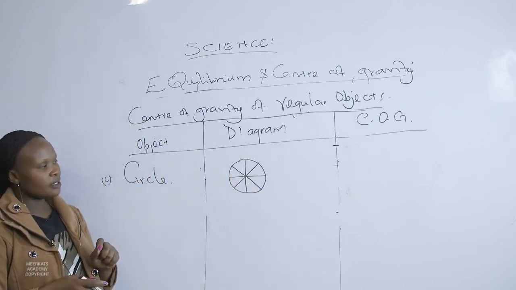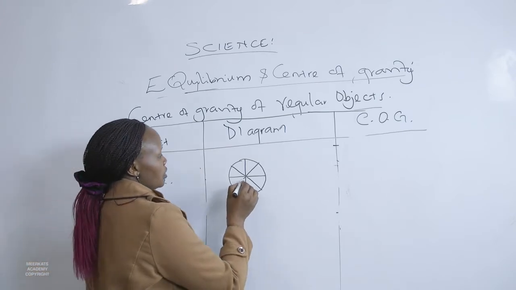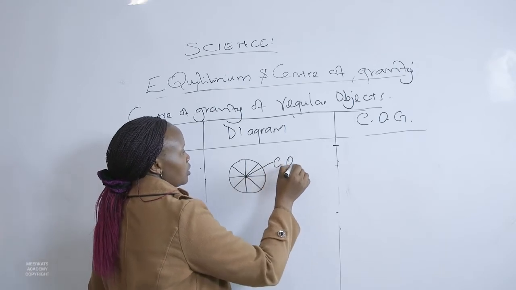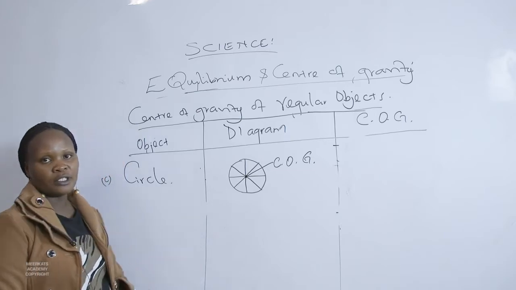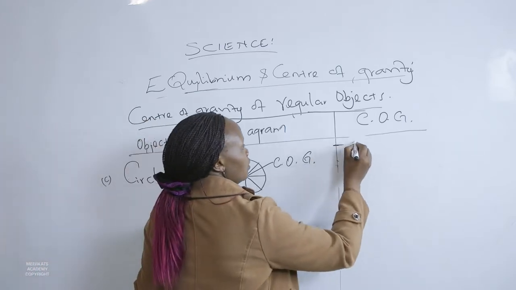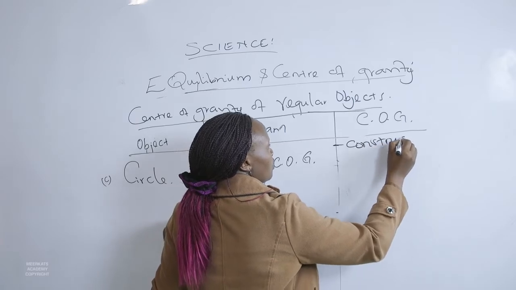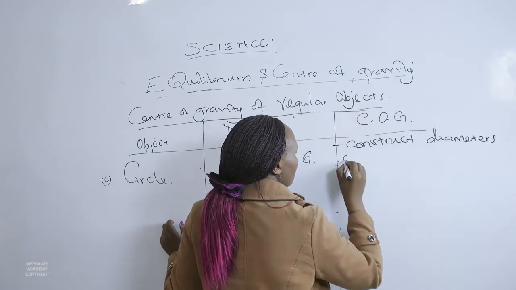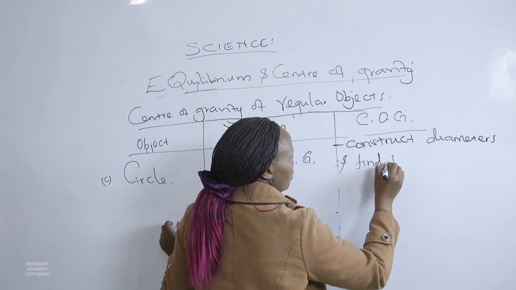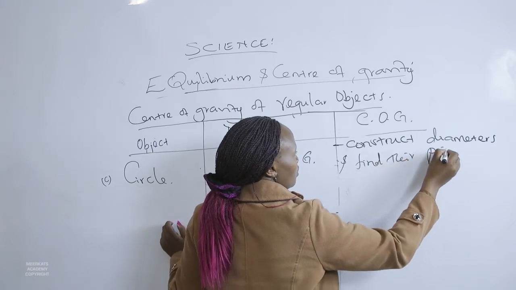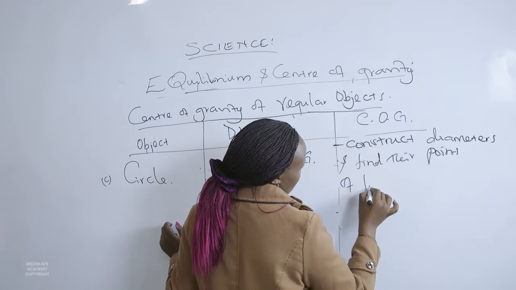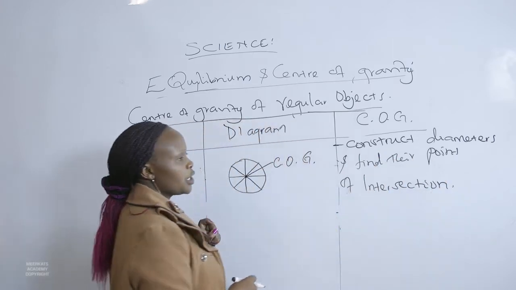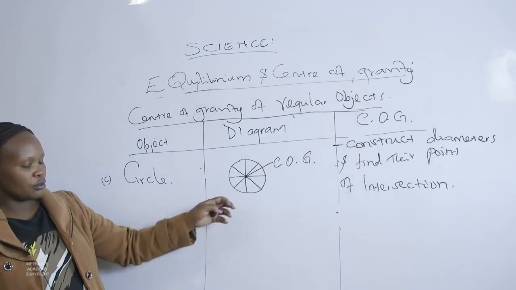We construct the diameters and find out whether they meet at a point, and we can call it the center of gravity, and find their point of intersection.